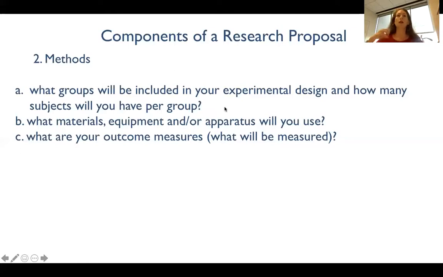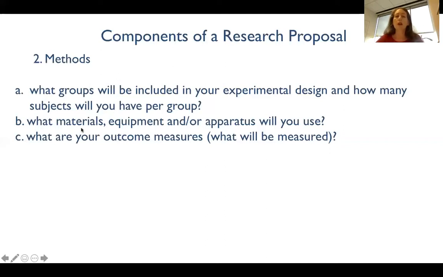This is a good thing to consider when you're constructing a research proposal because you want to make sure that you are proposing to do something that's manageable in terms of your skill set and also the amount of time you have to do the proposal, right? So you wouldn't want to include an experimental design with 6 groups and 100 subjects per group because you're going to have a really hard time fitting that all in the space of the PERS.